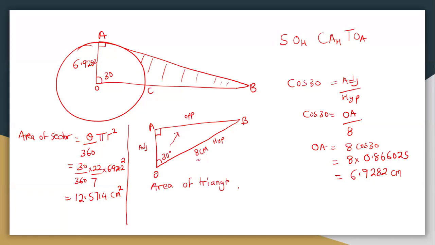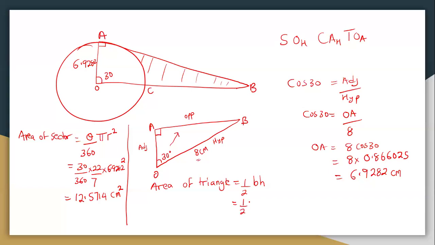I request that you extract that triangle. It is here. We are going to use that. It is a right angled triangle, so it is okay to use area as half base times height.